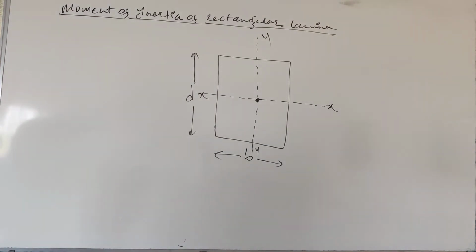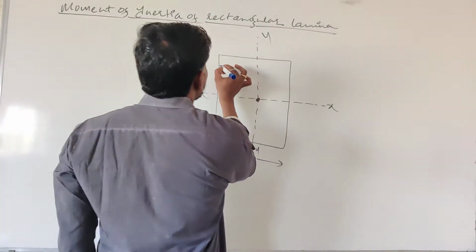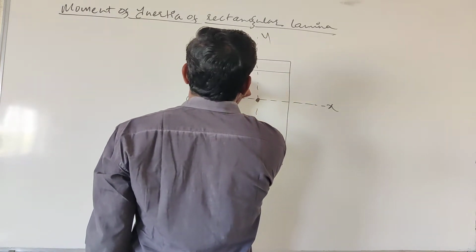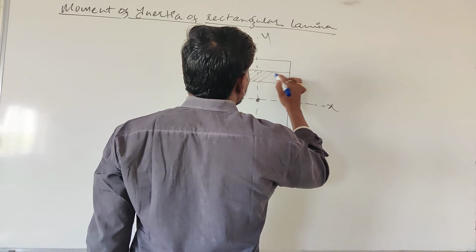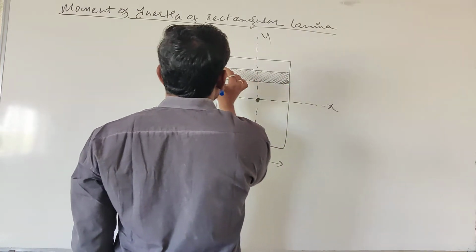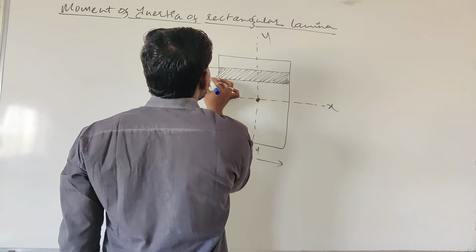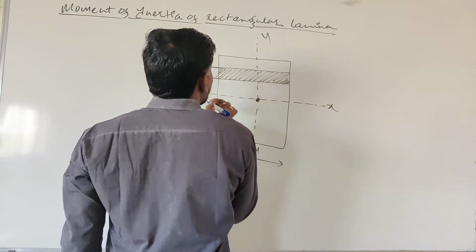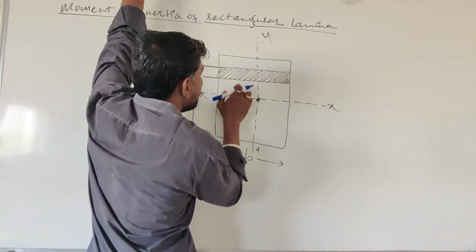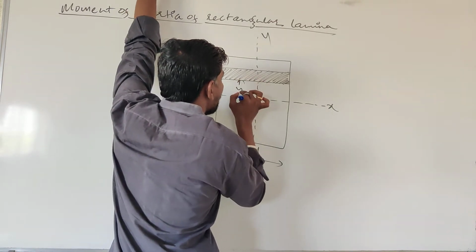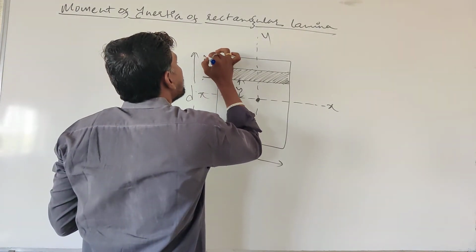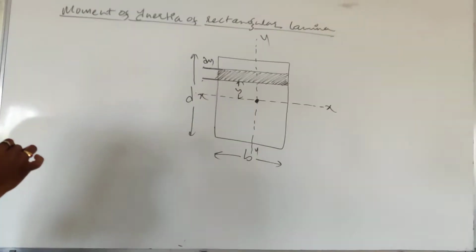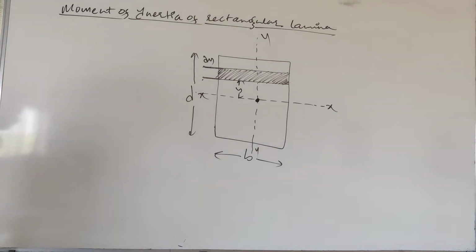Now I am going to consider here, from here to here the distance is y, and this small element is dy.